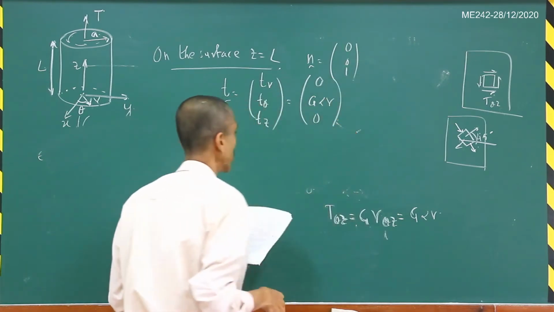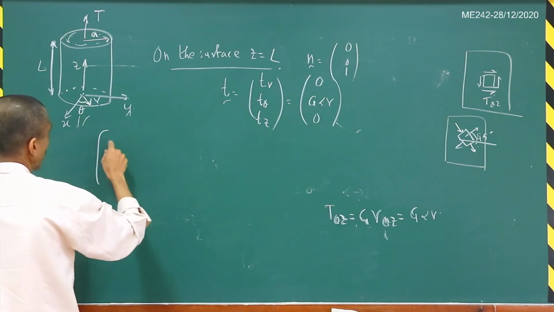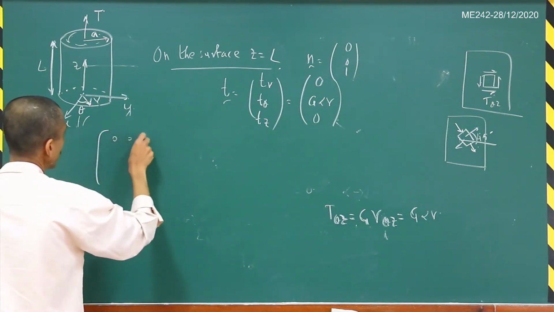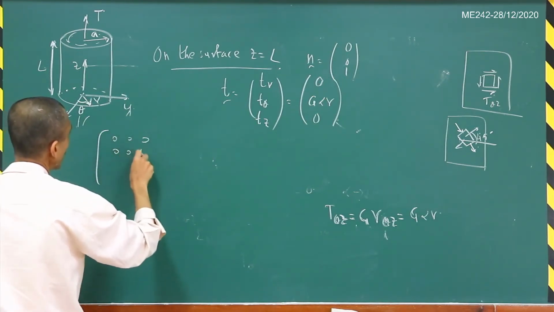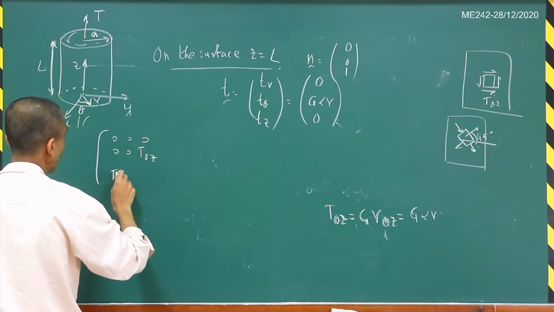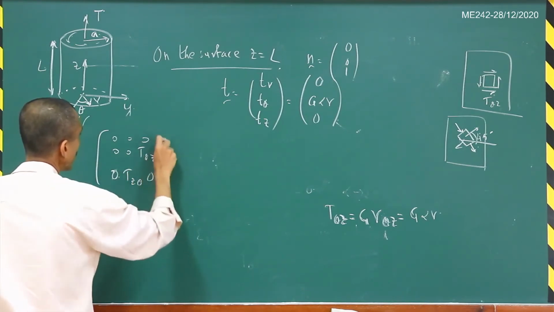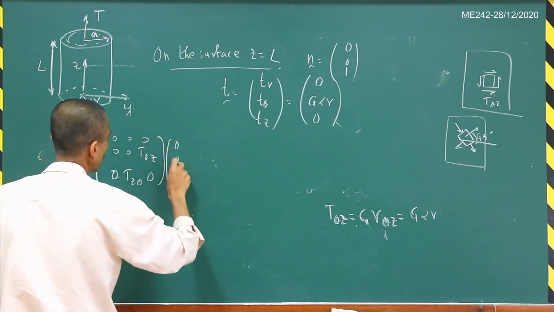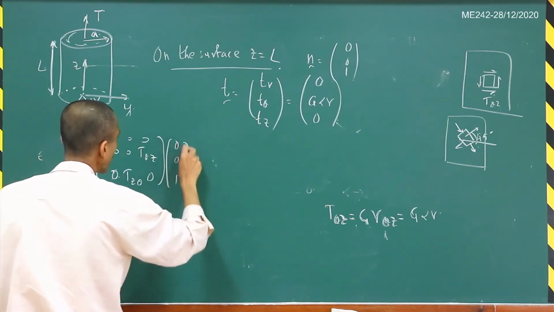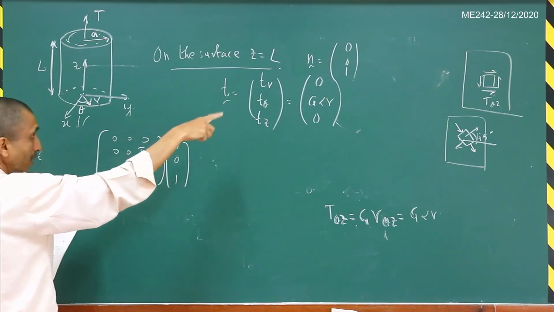Because basically if you write out the stress tensor, it is all 0, 0, 0, 0, 0, tau theta z, tau z theta, 0, and this is multiplying 0, 0, 1. So that will give you tau theta z, which is G alpha r on the top surface here.